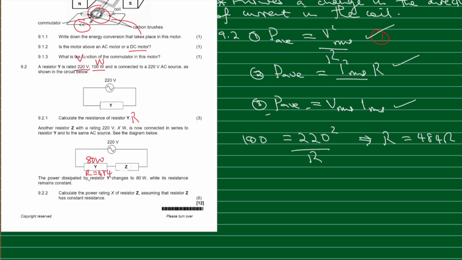If I know the potential difference at Y, I'll know the potential difference at Z. The potential difference of Z will give me the resistance at Z. So now let's do it that way. Then let's calculate the power here, the V here.